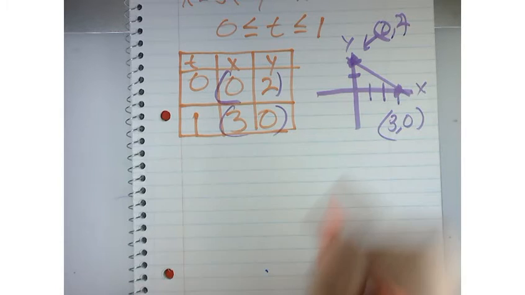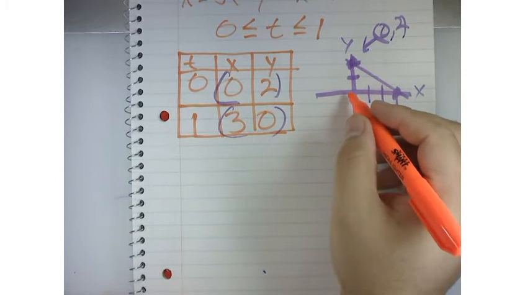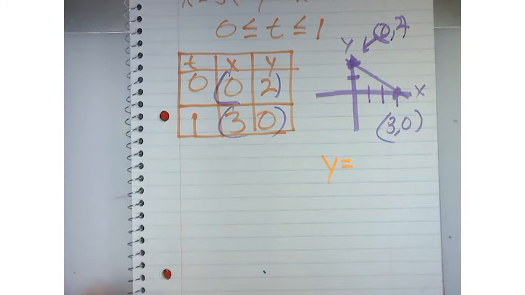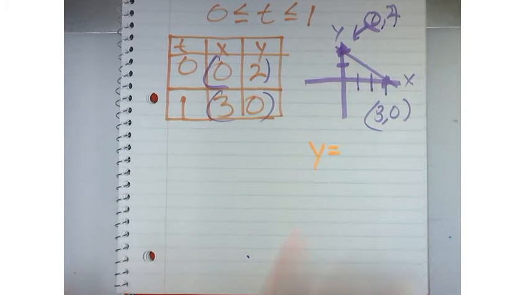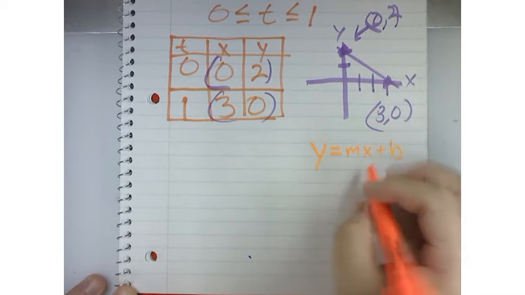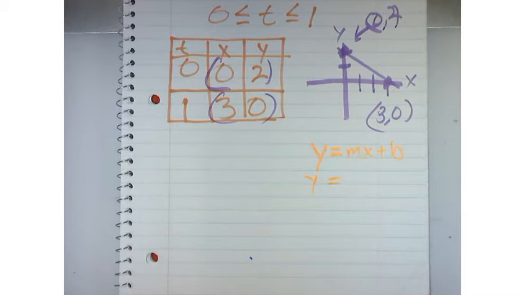So by looking at the graph, can you guys see that okay? Okay. I want something like y equals mx plus b. Well, we know the slope, which is m, and we know the y-intercept just by looking at the graph. So what is the slope?